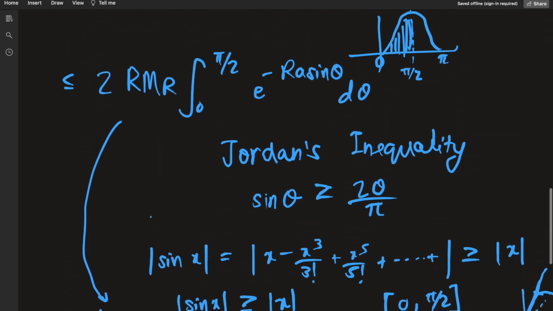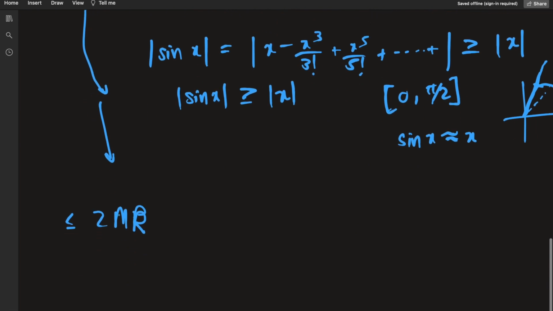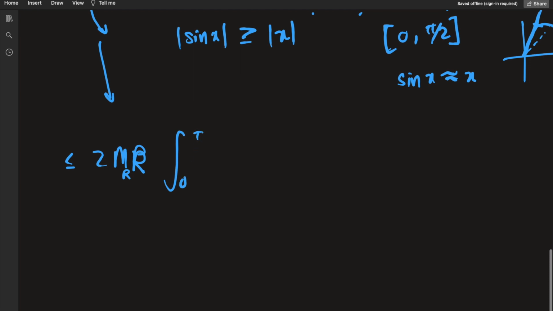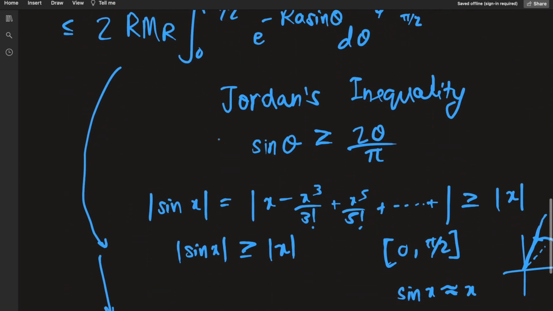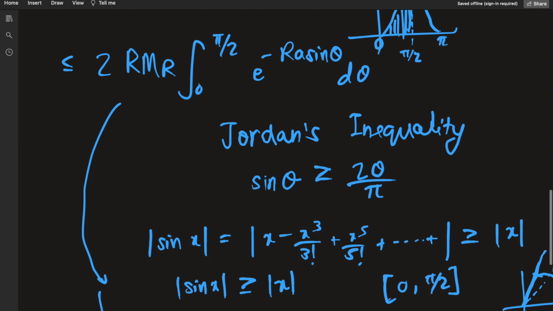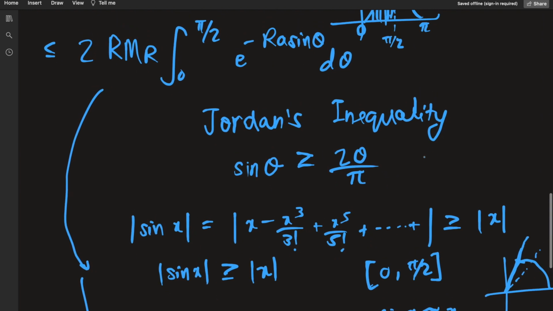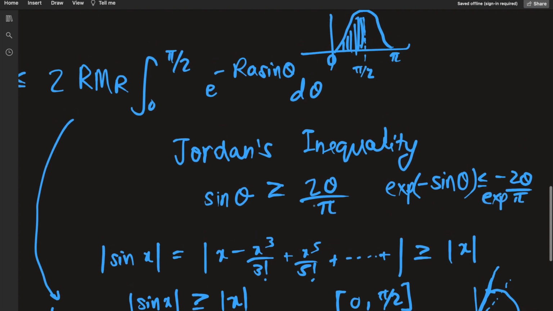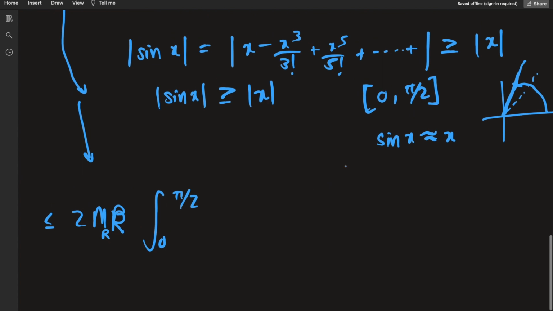2 m sub r and nr, integral from 0 to pi over 2. Now instead of, so wait, we know that sine theta is greater than or equal to 2 theta over pi. A negative will just flip the sign of the inequality, and then you can just have this in the power of e, and the inequality still holds.